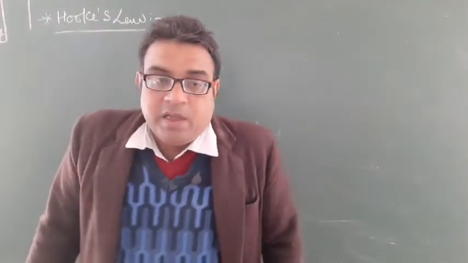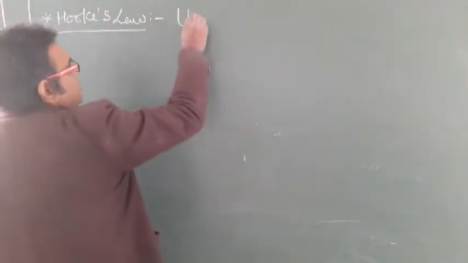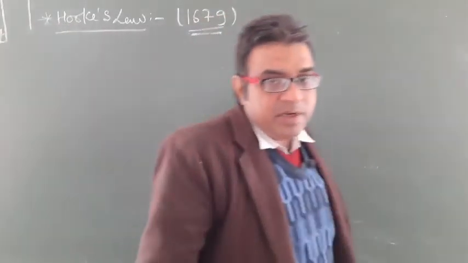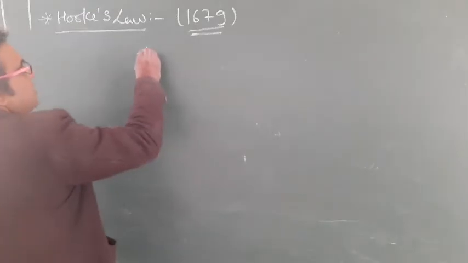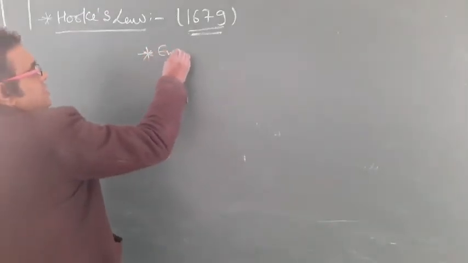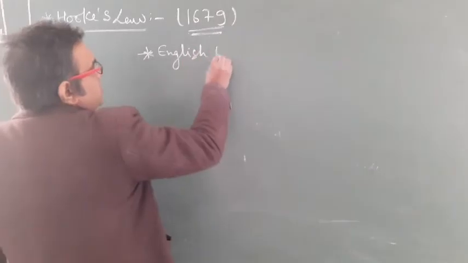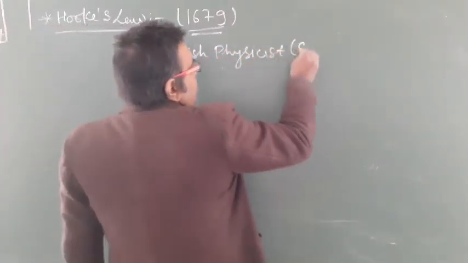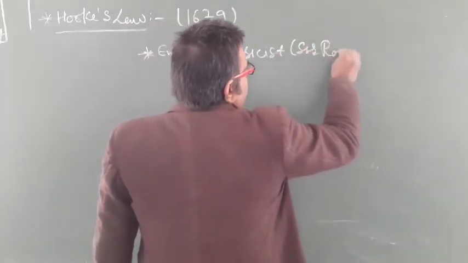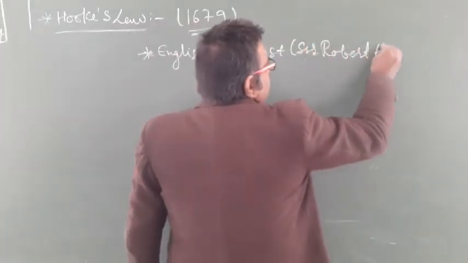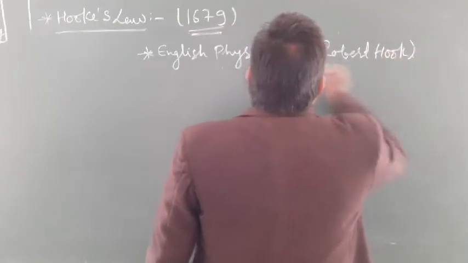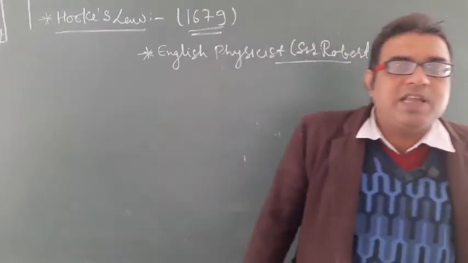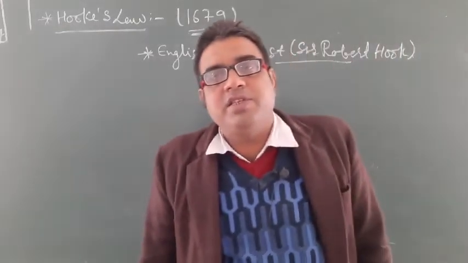Hooke's law. In the year 1679, the famous English physicist Sir Robert Hooke performed an experiment on various types of rigid bodies.